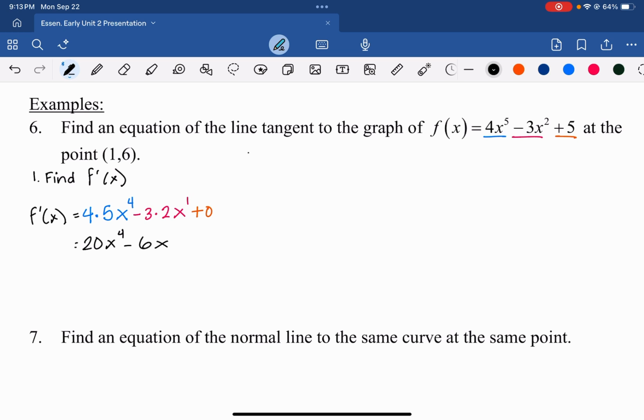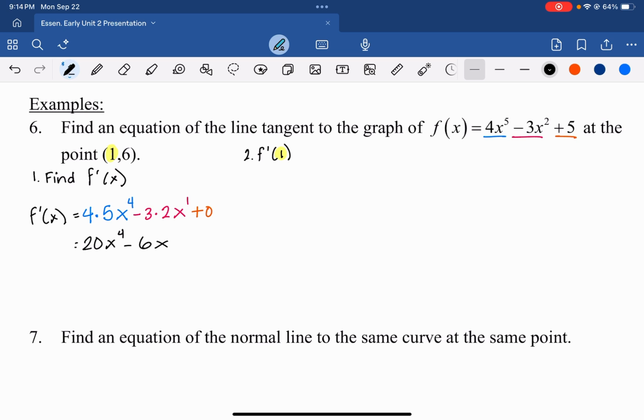Step 2: this derivative gives us the equation of the slope, but we need the actual value. So we're going to find f prime at 1, and I get that 1 from the point (1, 6) that was given to us.